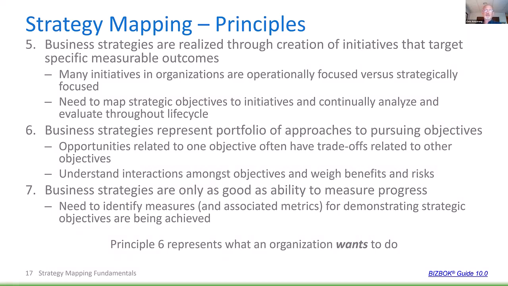Similar to the deliver strategic outcomes value stream that we looked at earlier, unless we have some way to measure that we're actually getting closer to achieving the business strategy, this is all just conceptual paperwork. So we need to identify ways of measuring, or at least drawing a line in the sand that says we believe that achieving this strategy means we should be able to measure this improvement in this particular metric.